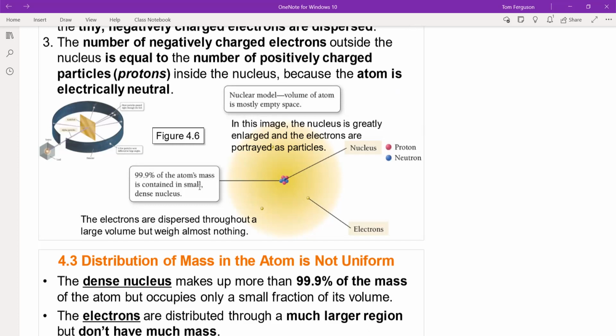And then from there, we have the quantum model, which is yet another elaboration on Bohr's model. The quantum model says that there are no distinct orbitals. There are places where electrons can be, and they're not planetary.